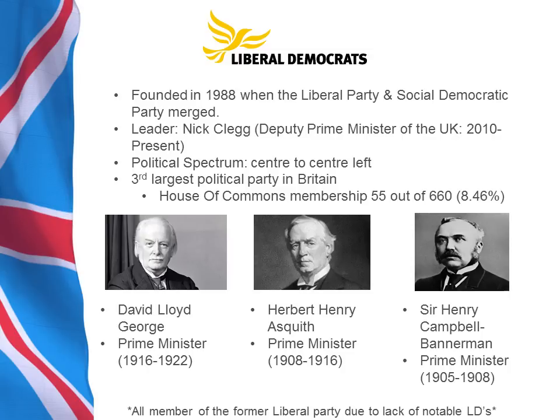And the gentleman to your right is Sir Henry Campbell Bannerman. He was the prime minister from 1905 to 1908. Like I said, they are the three most recent prime ministers from the Liberal Party, and as you can tell by the dates, they were also consecutive. Since then, there has not been a prime minister from that party.